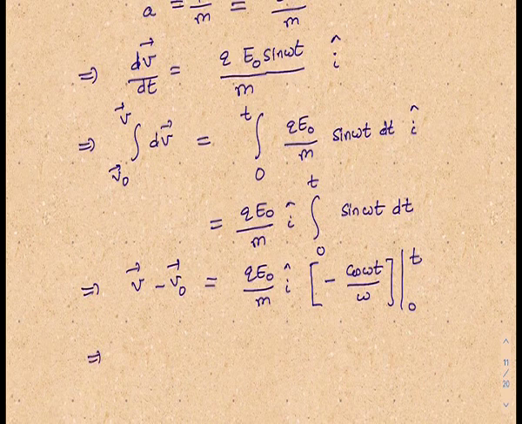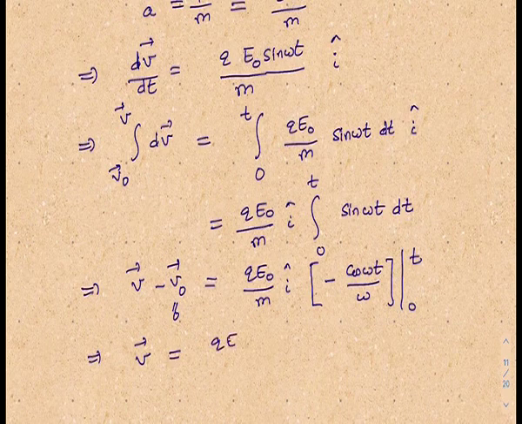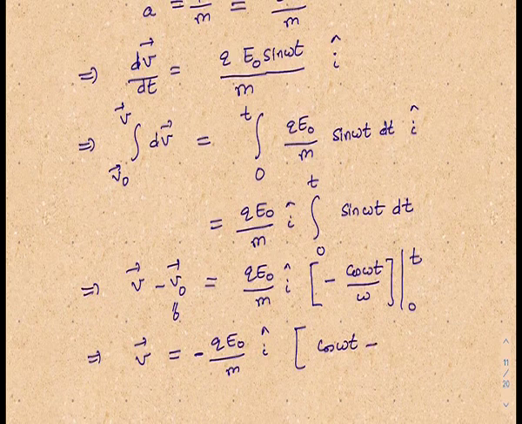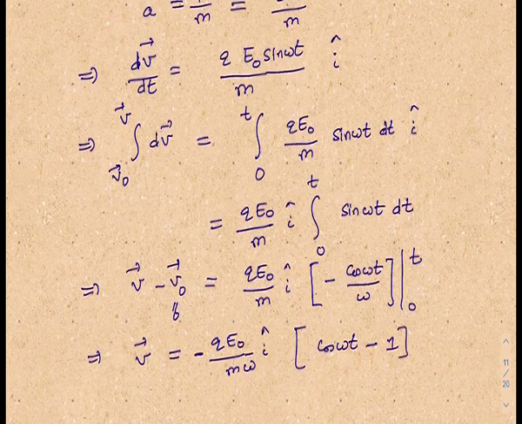Because v0 is equal to 0, the initial velocity is 0, so I have Q E0 by m, minus sign taken out, I cap, and putting in the limits I get cos omega t minus 1, taking omega out as well.